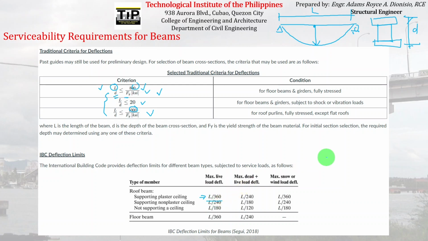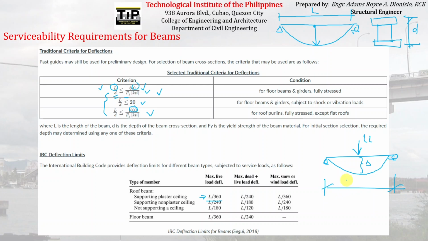So kung ito yung beam mo, tapos may dinadala siya na load, tapos syempre magde-deflect yan, de-deflect yan ng ganyang magnitude. Dapat daw, the magnitude of this deflection, due to live load alone, wala pang dead load yan, hindi lalagpas ng L over 360. Okay, wherein L is the span of the beam.